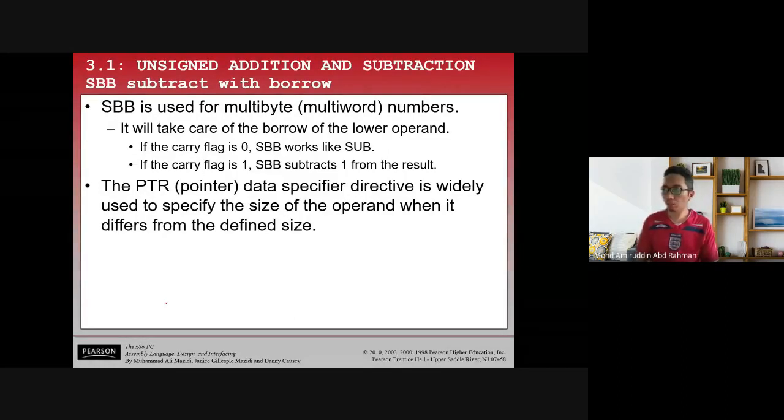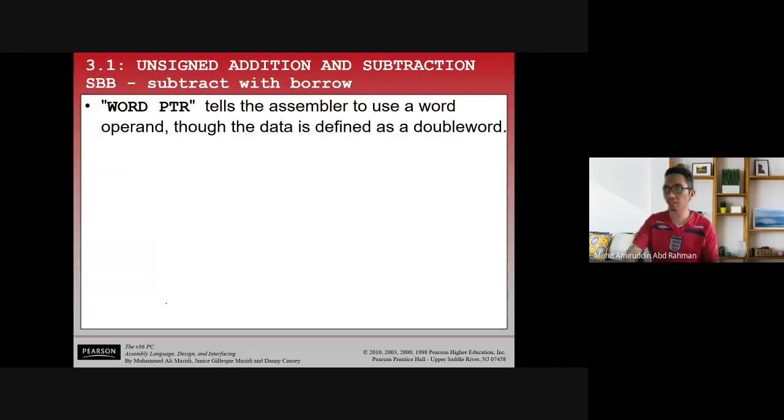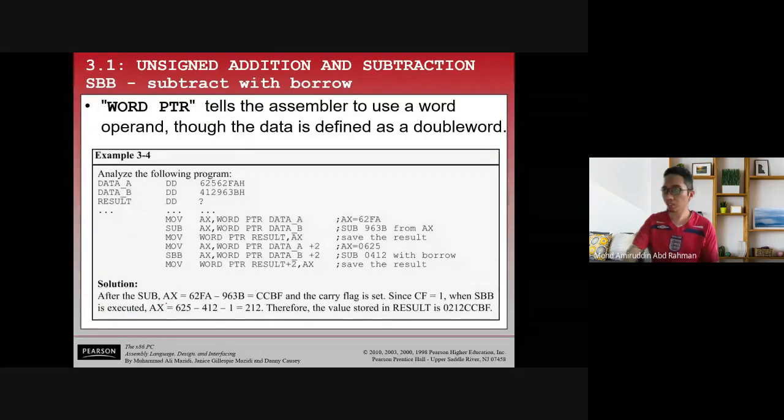So the pointer PTR data specifier directive is widely used to specify the size of operand when it differs from the defined size. So we look over here, we have one example.